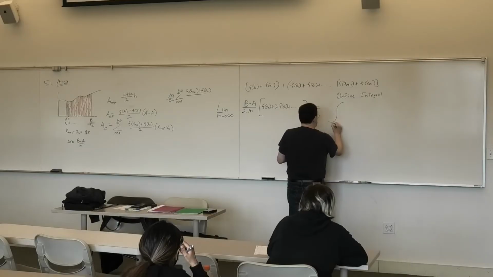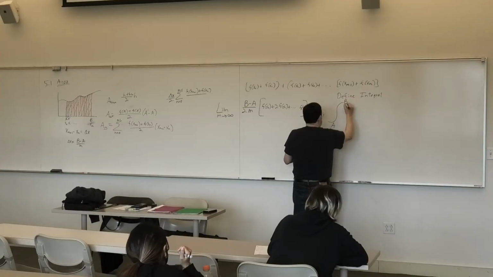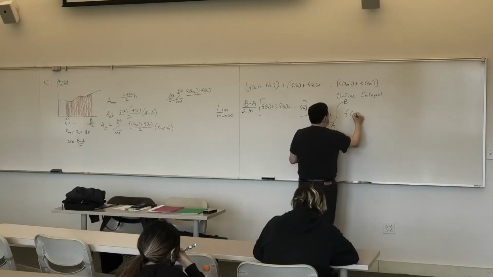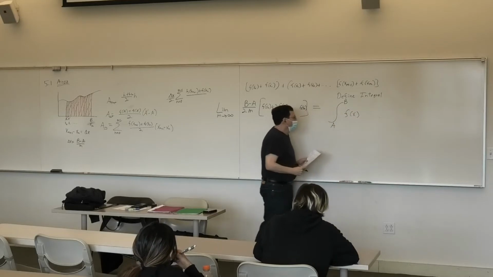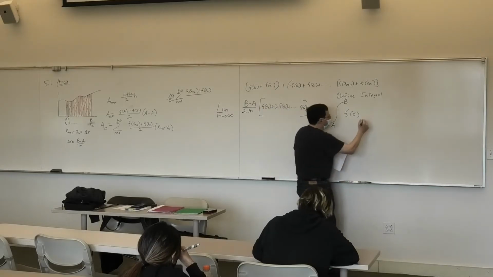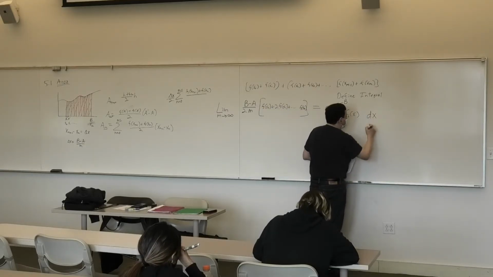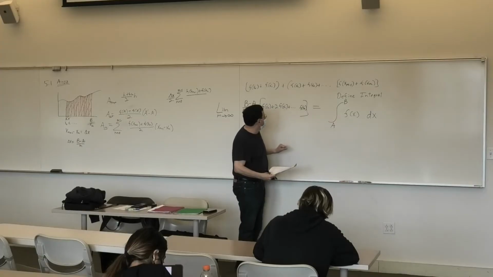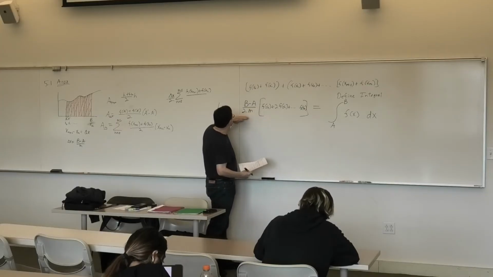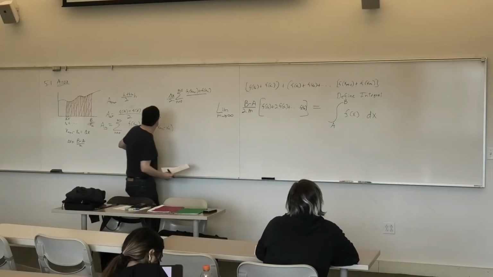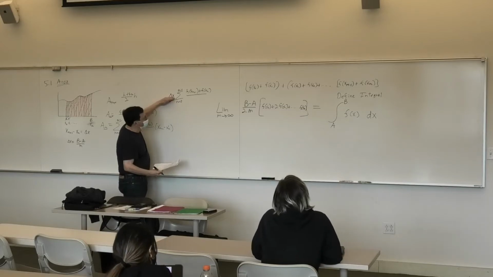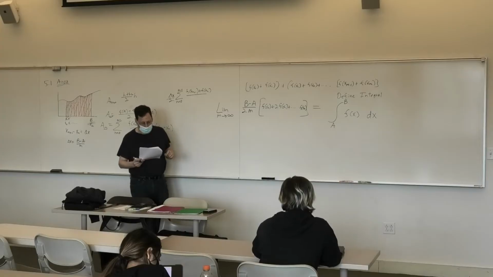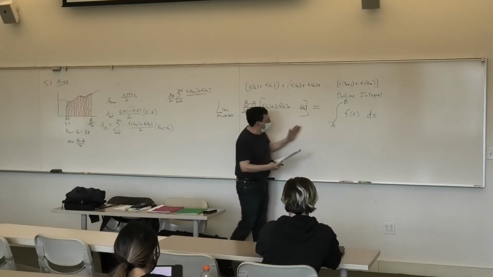And we put in our limits, A and B. And then we put in our function. And then as a piece of notation, we write dx. You can think of dx as being the limit of delta x, delta x getting smaller and smaller, getting infinitely small, because we're using a limit.